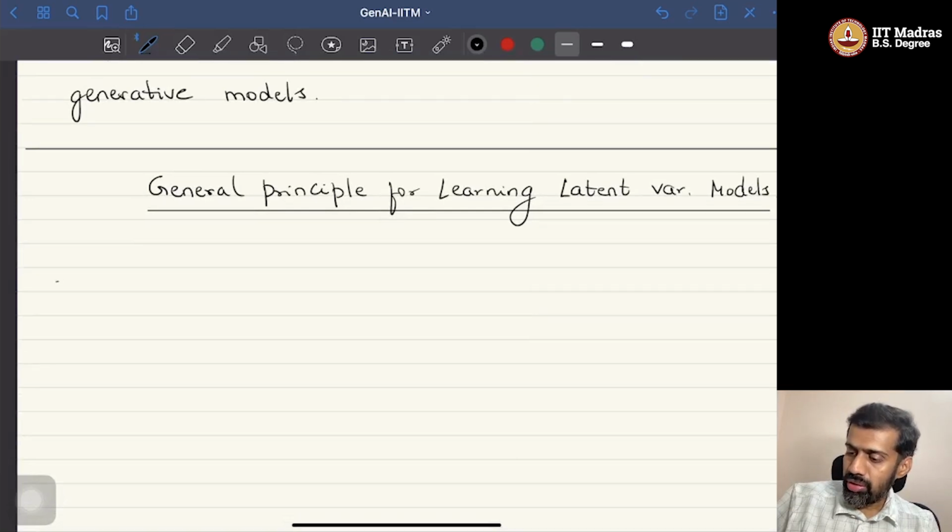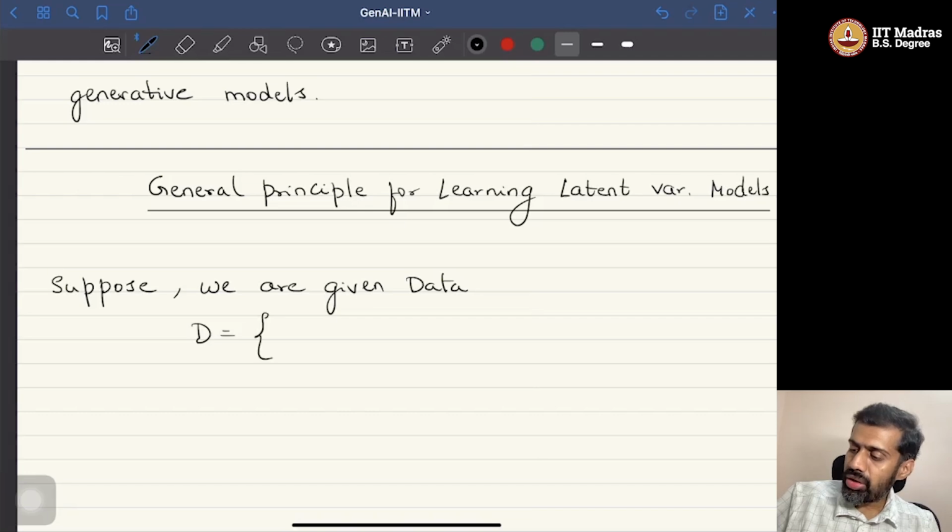Now suppose we are given data D, which is as usual samples drawn IID from an unknown distribution Px.